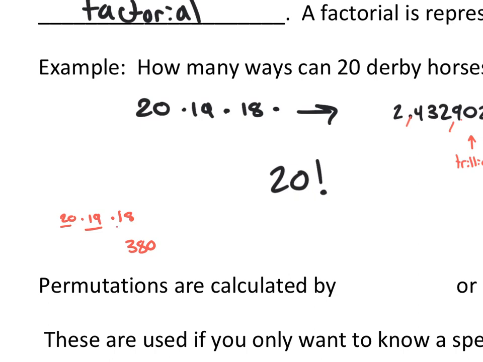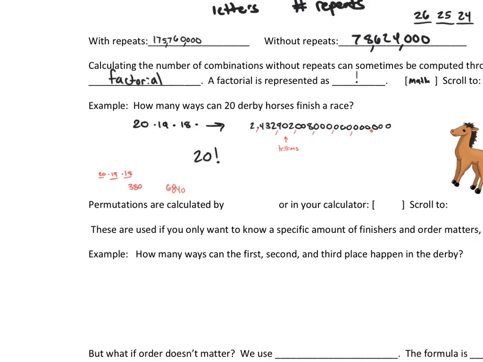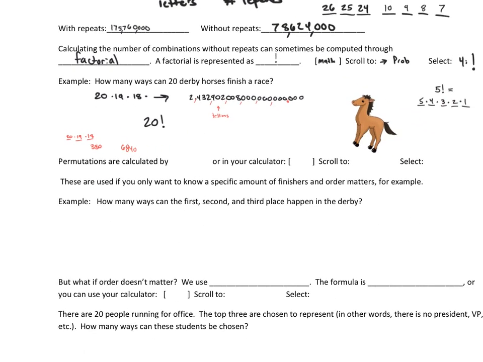If you wanted to do first, second, and third, that would give you 6,840 ways that just the first 3 places could be. So that's why when we're doing all 20, the number is just super large. And factorials can help us find those quickly without having to type in long strings of numbers.